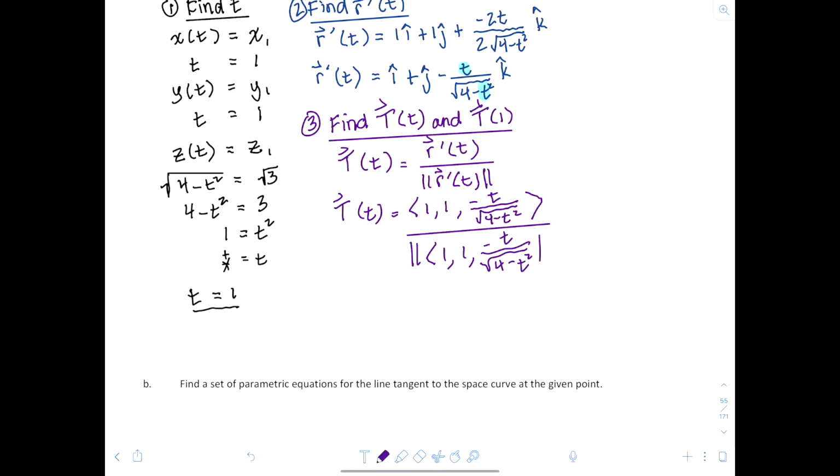But since we don't need to keep this in general, why don't we go straight to T at 1? So that'll give us 1, negative 1 over root 3, over the magnitude of 1, negative 1 over root 3. So all I did was, wherever I saw a t, I put in a 1.